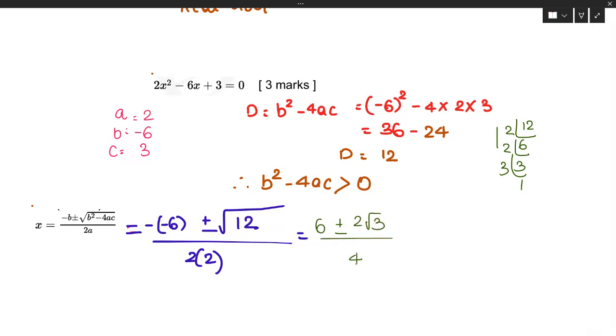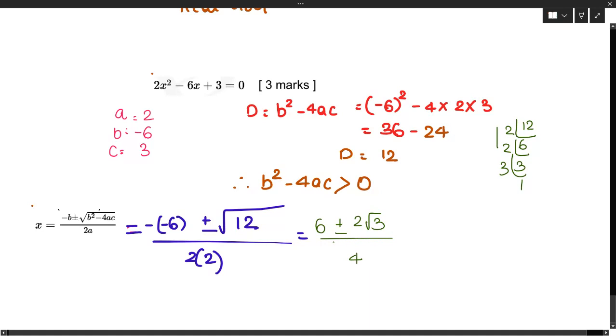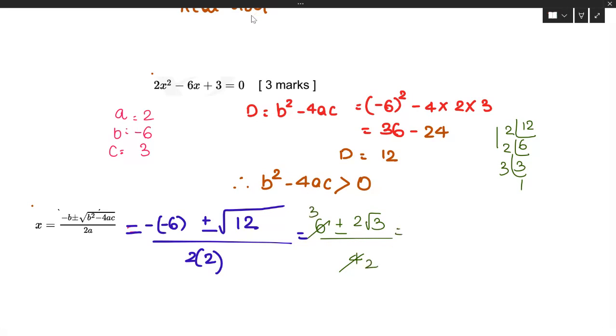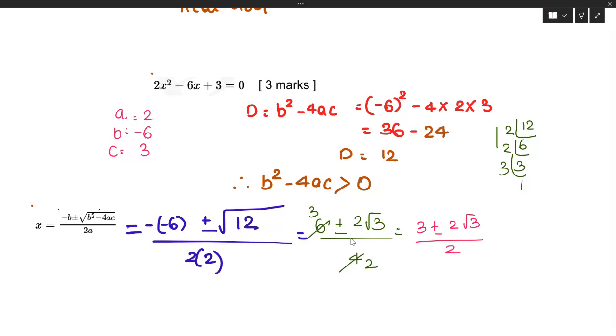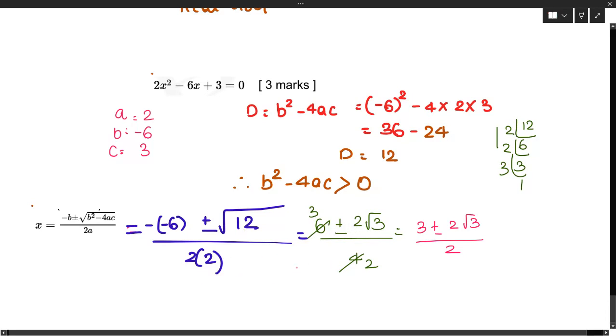And 2 times 2 will be 4. Then can we simplify it further? Yes. Now what we are left with here is 3 plus or minus 2 root 3 upon 2. Correct? Therefore, the roots are 3 plus root 3 upon 2. I think we can cancel this 2 also.